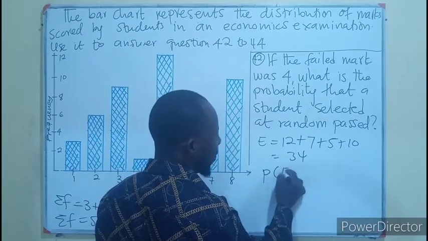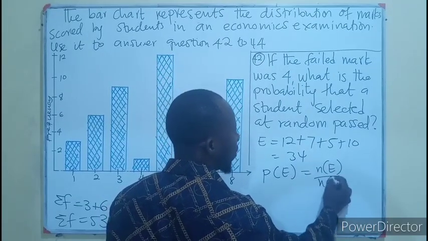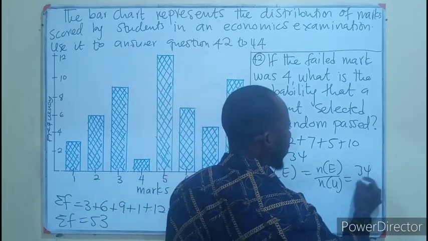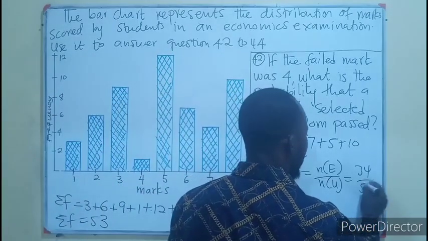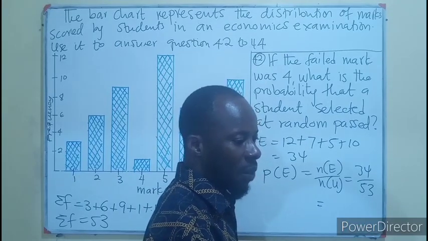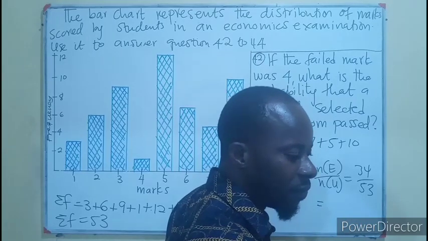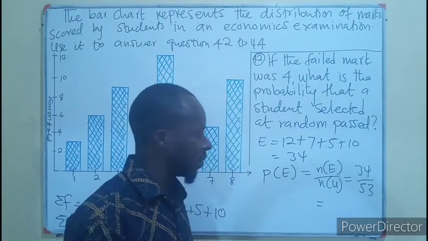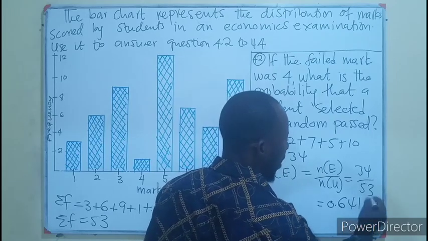So the probability of the event will now be number of events over total sample space. So what will be the event? The event is 34. What is the total sample space? That is 53. And what would that be if we were to put that into our calculator? 34 divided by 53, that will give us 0.6415.